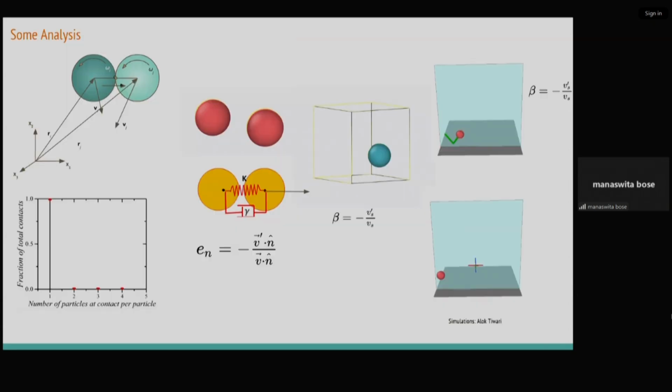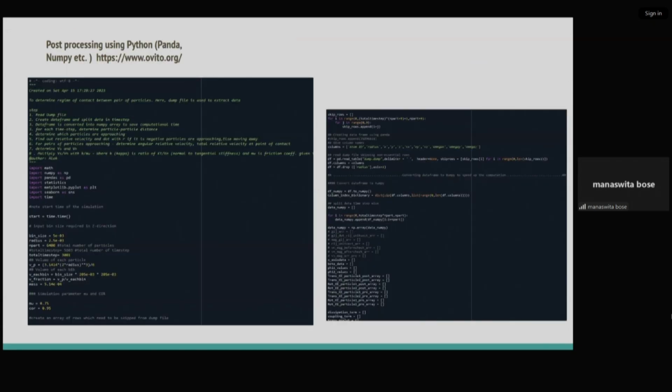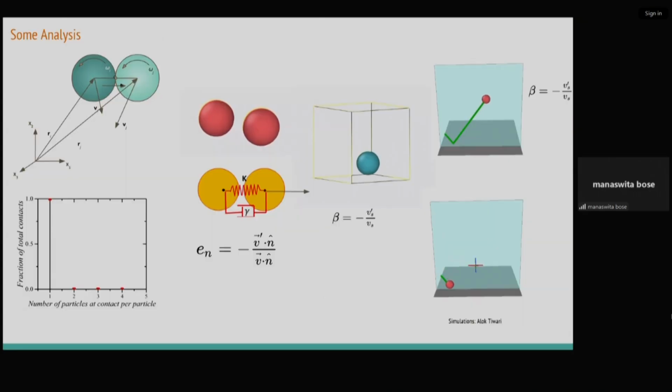We need to do some post processing. After doing this DEM simulation, all we get is position, linear velocity, and angular velocity as a function of time, at every writing time step. Now from there, we can get a lot of information. What are the informations that we can get?